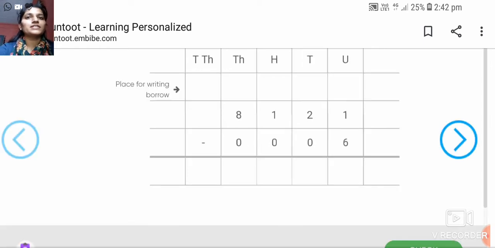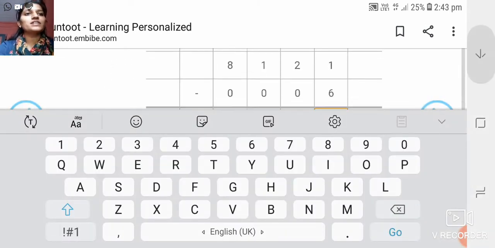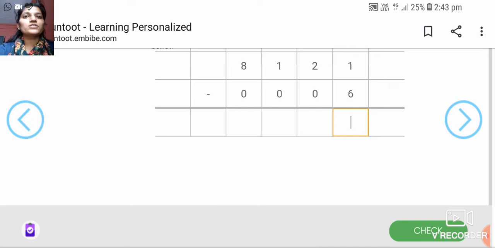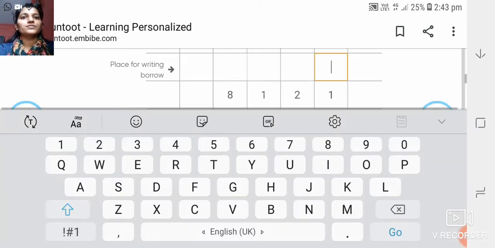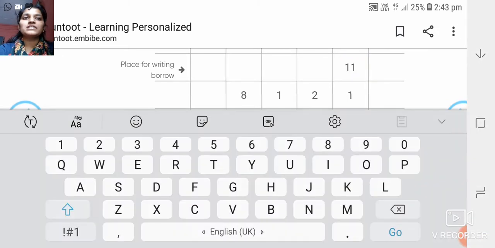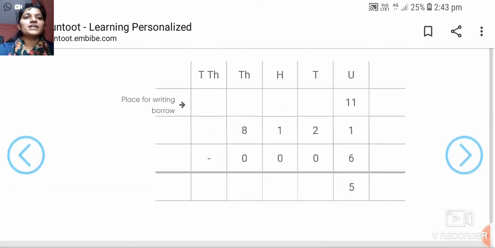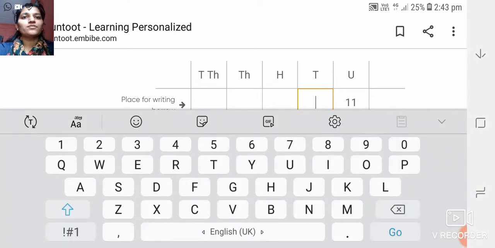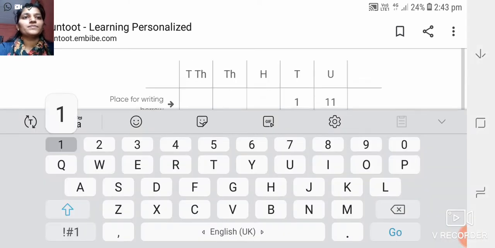Yes, so here we can see that the next question is there. Now we are going to solve this. So students, here we can see that in the ones place there is 1 minus 6. So we cannot subtract 6 from 1. So we are going to write here 11. Instead of 1 we are going to write 11, and 11 minus 6, 5. Now here 2 is there, but as we have borrowed one from the tens, here we are going to write 1, and 1 minus 0, 1.